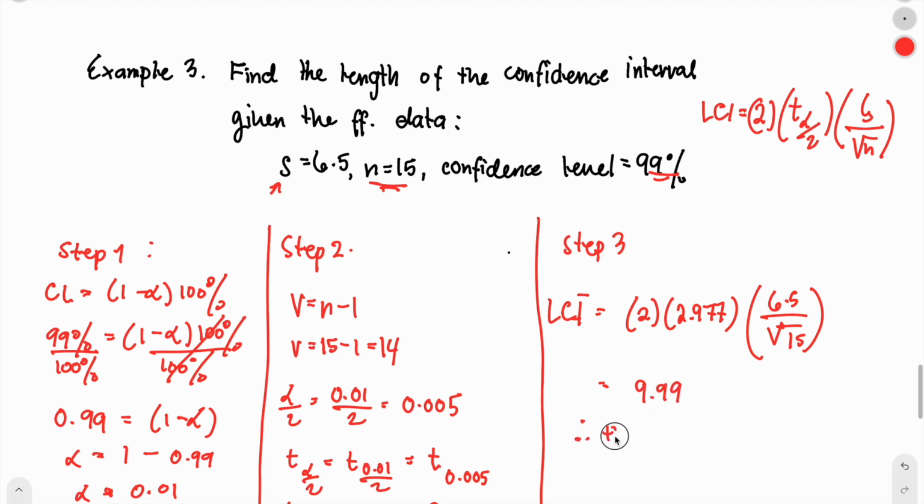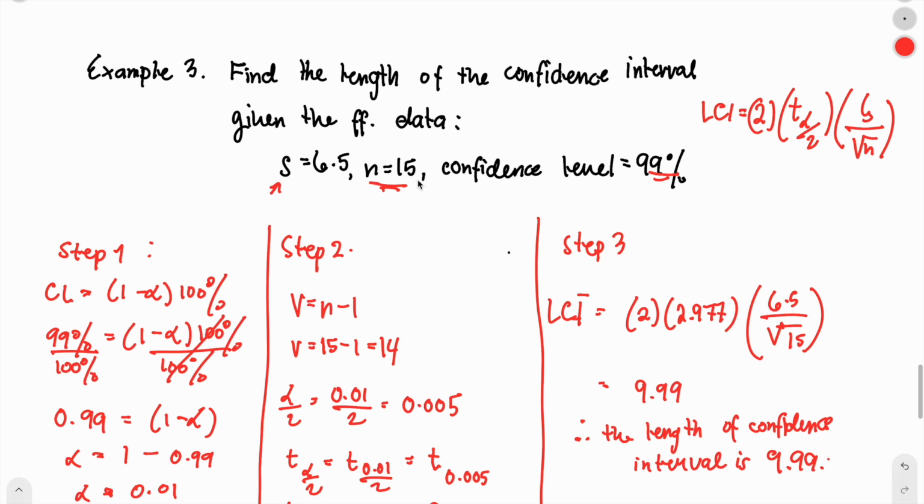Therefore, the length of confidence interval is 9.99.